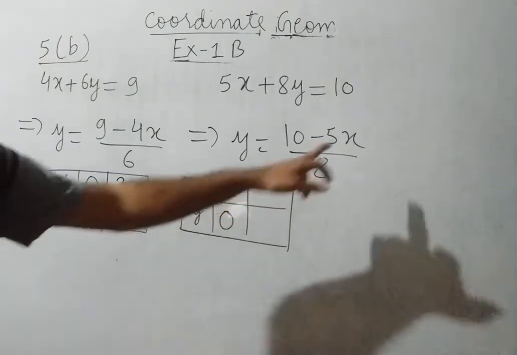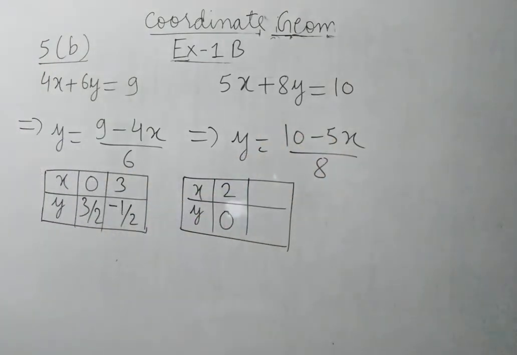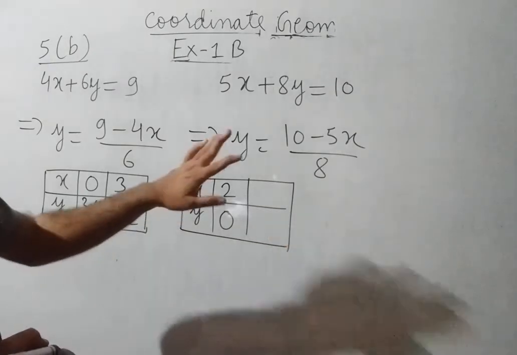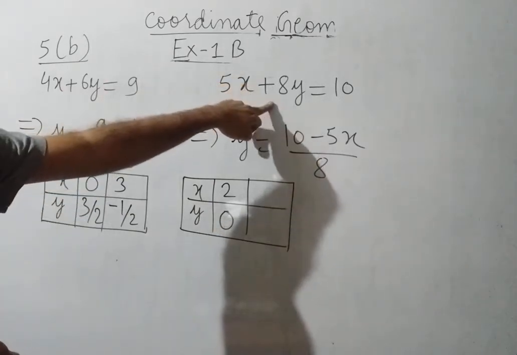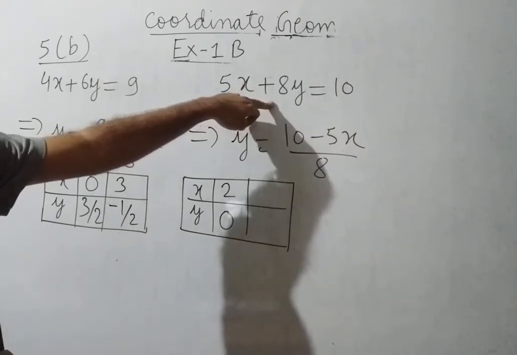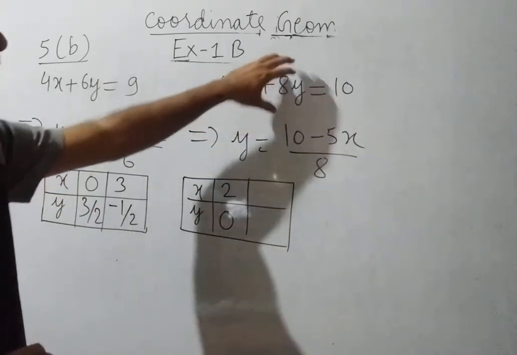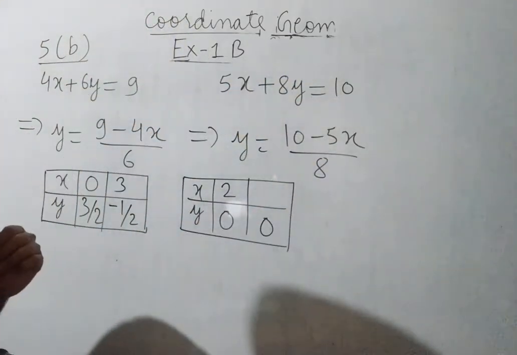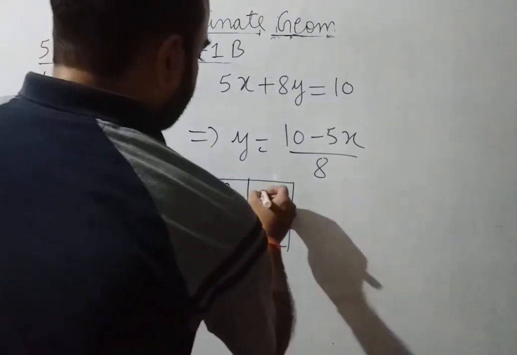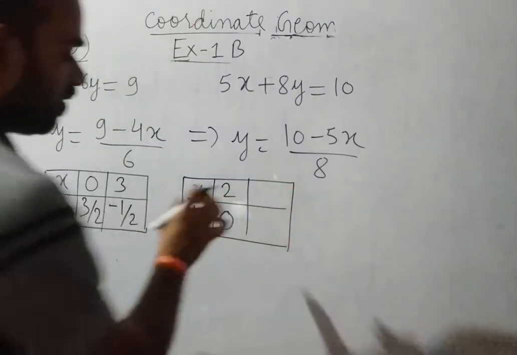Minus 2, no. 3, minus 3, 4, minus 5. If y is 0, then x will be 10 by 5, that is 2. Already done. This we have already done.